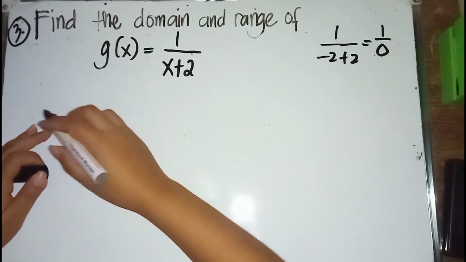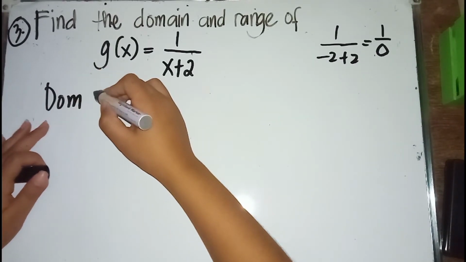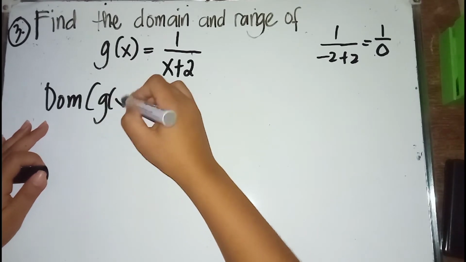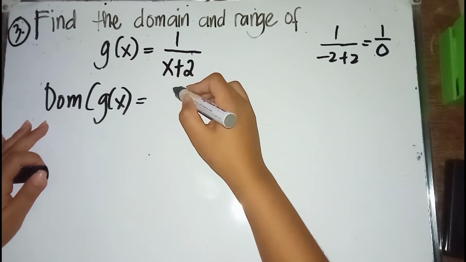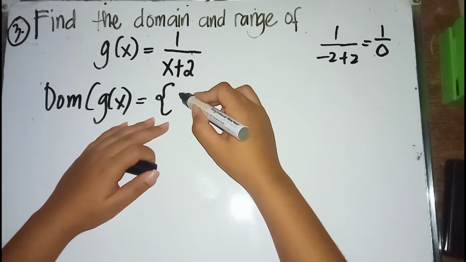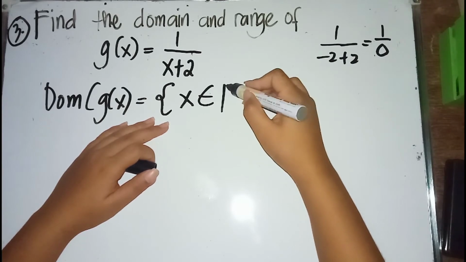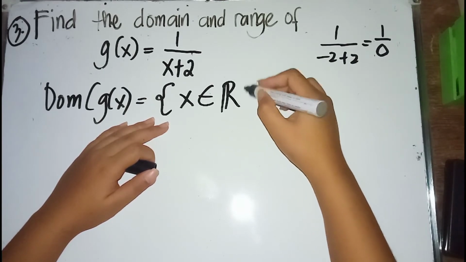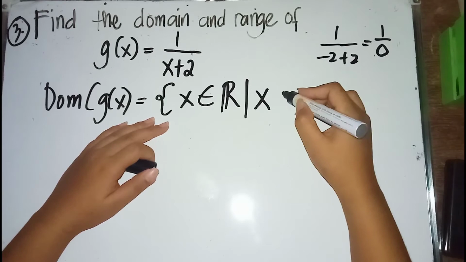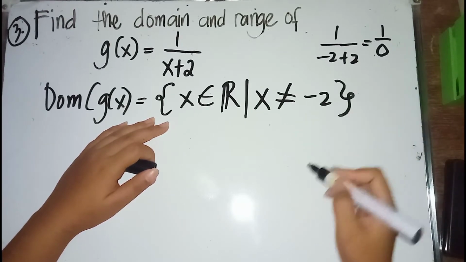We can also write this as domain of g of x is equal to the set of all x that are members of real numbers such that x must not equal negative 2.